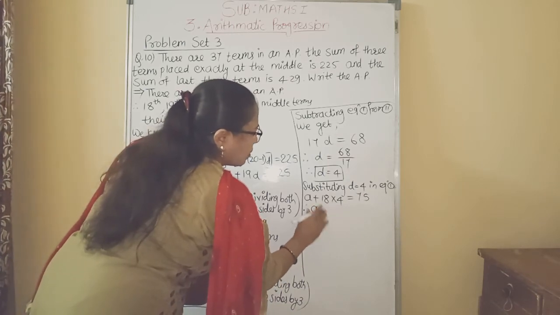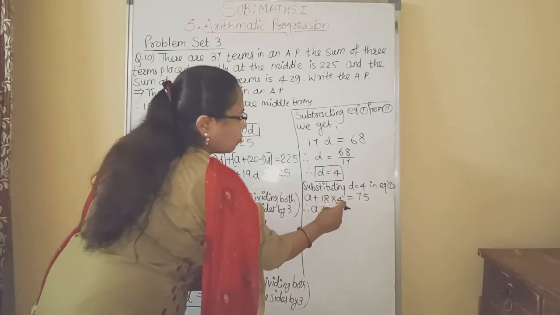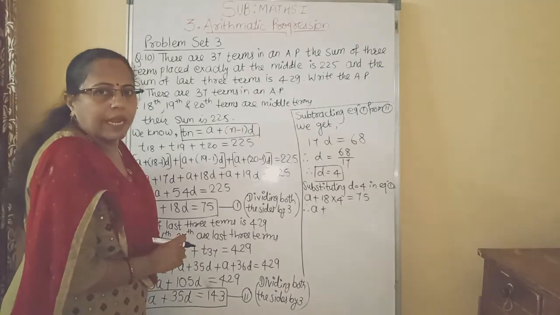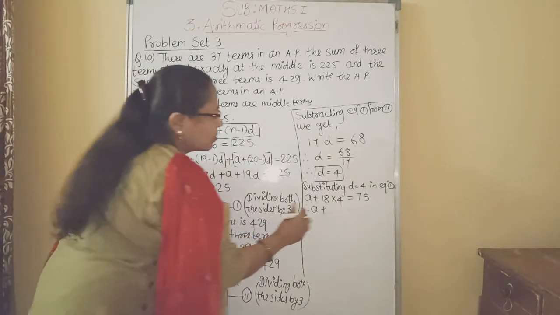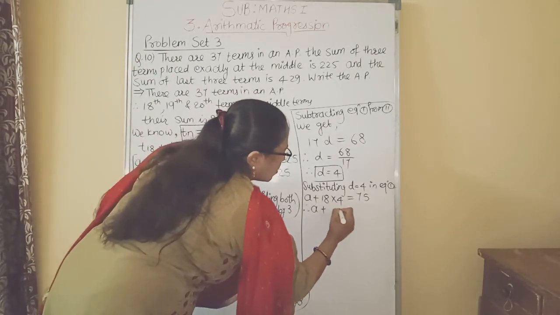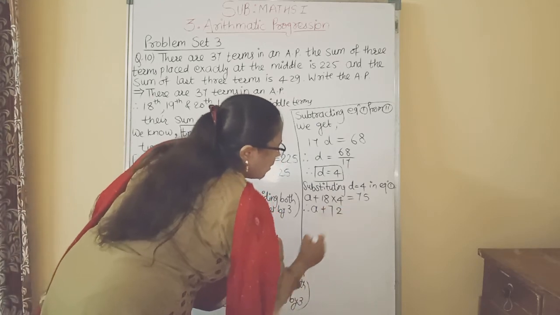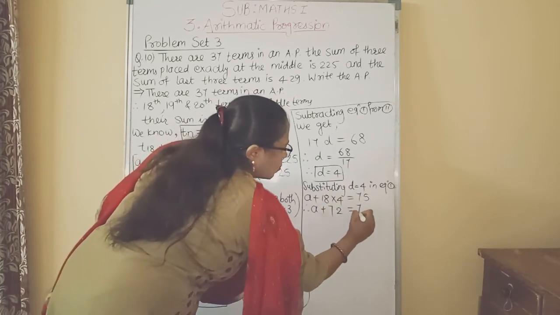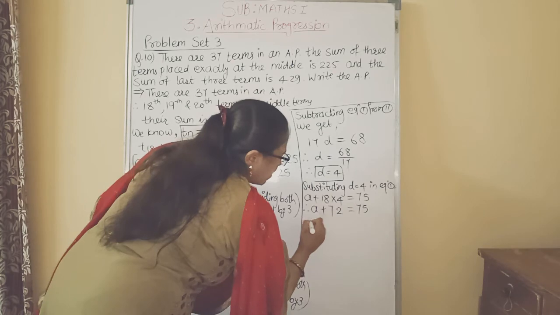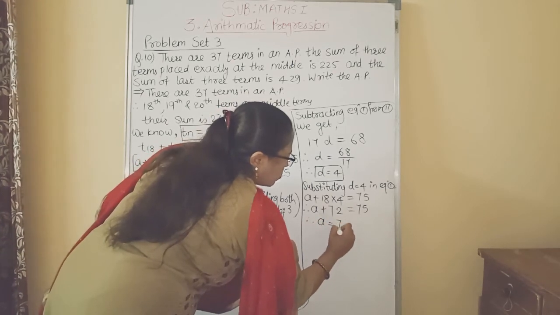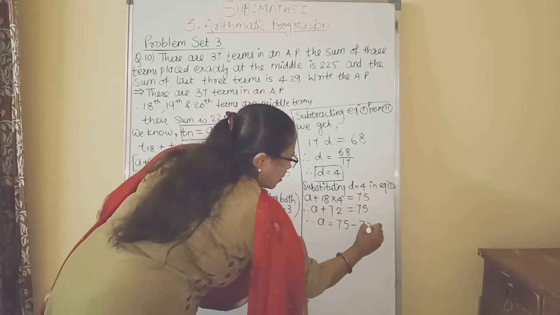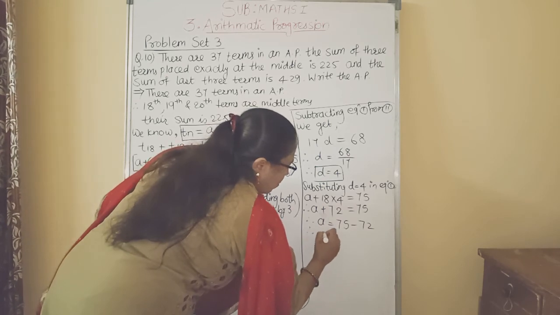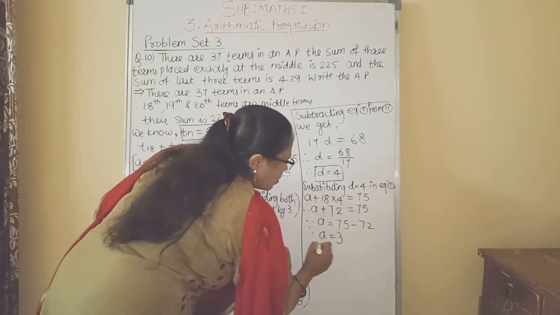So, now 18 into 4 is equal to 72. So A plus 72 equal to 75. So A is equal to 75 minus 72. Therefore A is equal to 3.